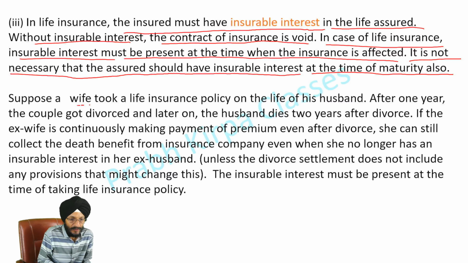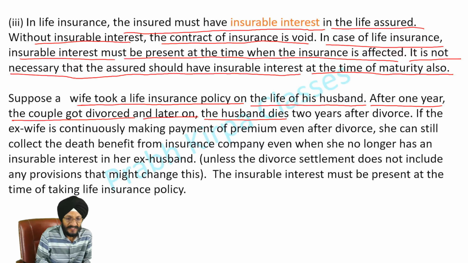Suppose a wife took a life insurance policy on the life of her husband. After 1 year, the couple got divorced, and later the husband dies 2 years after the divorce.